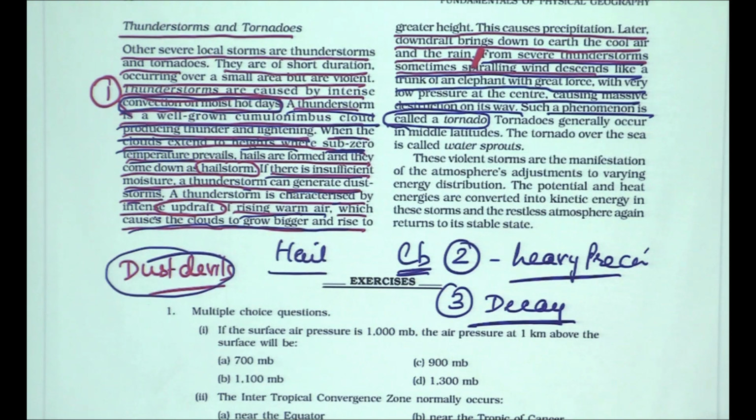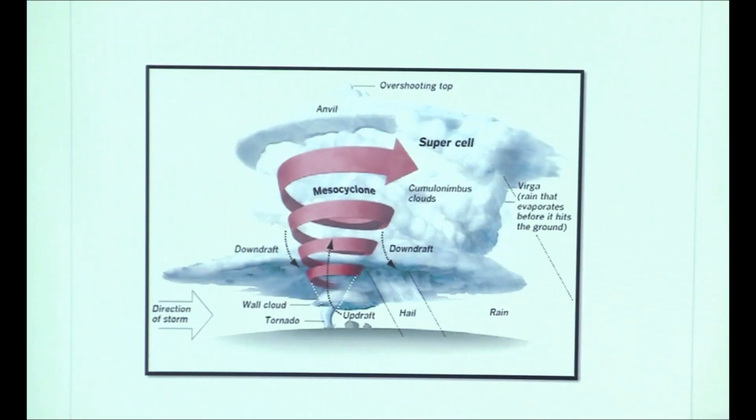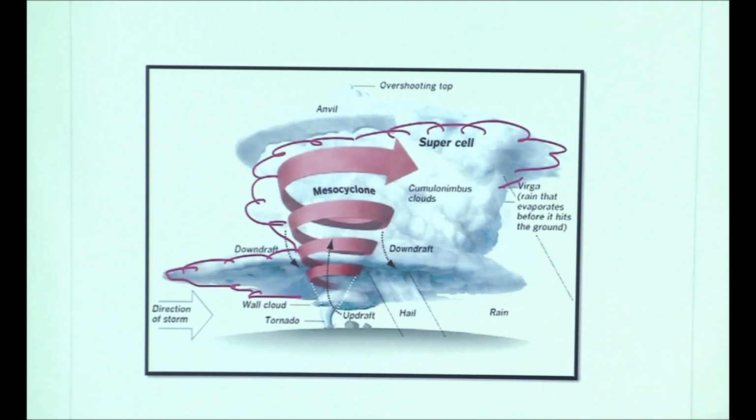To understand this statement, see this. I hope we are noticing it's a typically developed cumulonimbus cloud. And in this cumulonimbus cloud, I am noticing downdraft, which can cause hail.